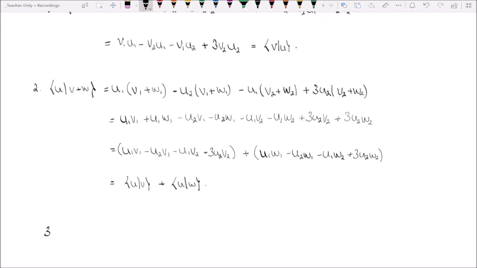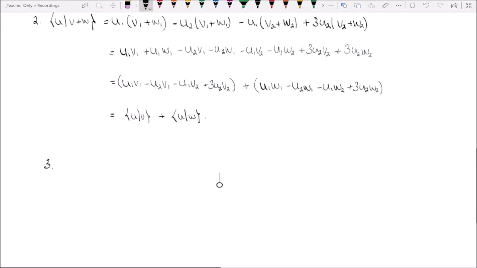Third axiom. Take any real number, let's call it k, and multiply it with the inner product of u with v. So this would be k times this. We can distribute that k through.